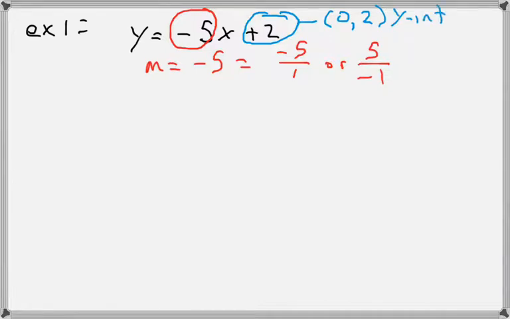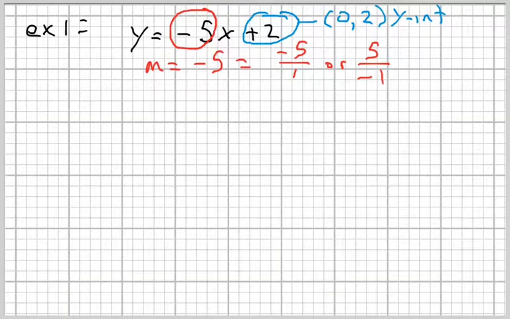Now that I know those pieces of information, I can use that to make a graph. So let's go ahead and get a graph screen on here. So here's going to be my graph.